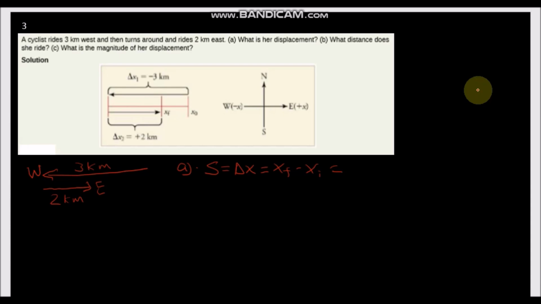Finally, 2 kilometers, minus the initial position, which starts from 3 kilometers west, 3 kilometers, which is equal to minus 1 kilometer.